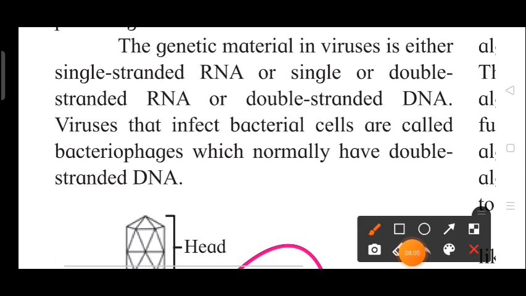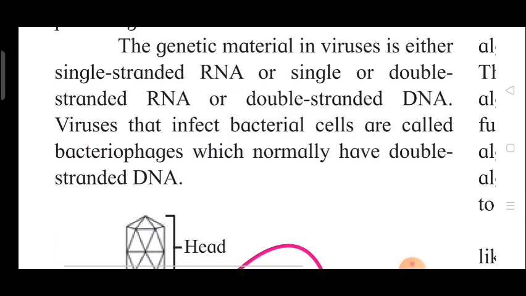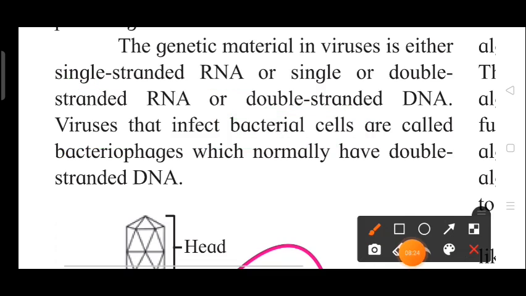If DNA is present, it may be in single stranded or double stranded form. If RNA is present, it may be single or double stranded. Viruses also infect bacterial cells. The viruses which infect bacterial cells are called bacteriophages.